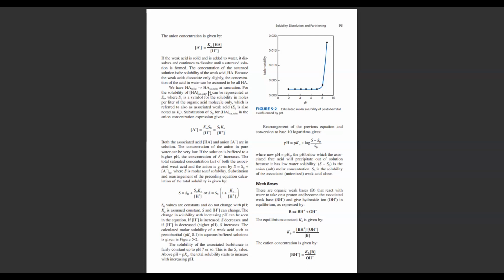And similarly, a weak acid at a higher pH means it's more basic. So at high pH, the concentration of the hydroxyl ions is high, right? So the weak acid will stay unionized, since there will be a neutralization between the excess of the hydroxyl ions and the hydrogen ions.